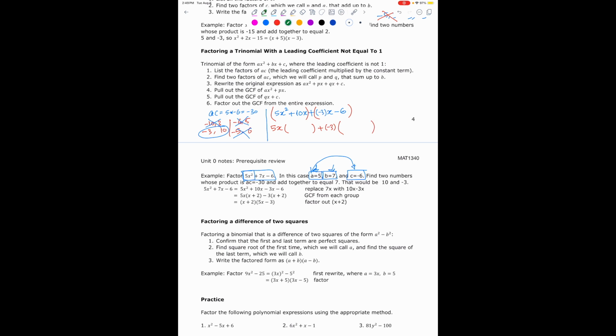Now, if I pull the 5x from the first binomial, I will have x plus 2 as the remainder. Now, if I pull -3 out from the second binomial, I will divide each term by -3. -3x divided by -3 is positive x. -6 divided by -3 is positive 2.